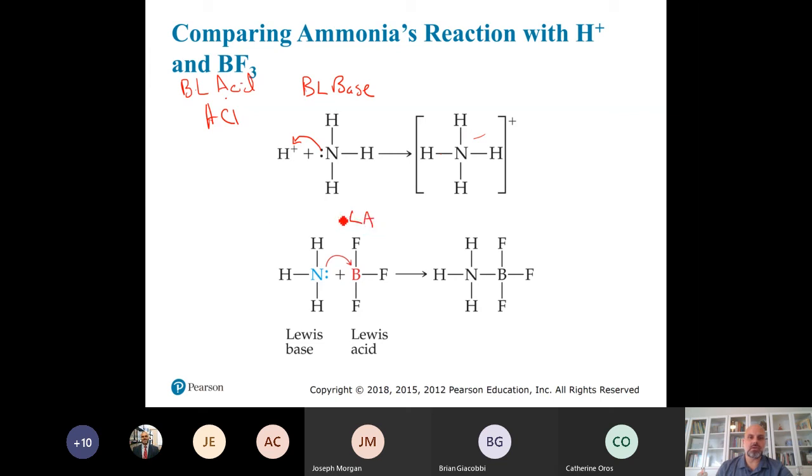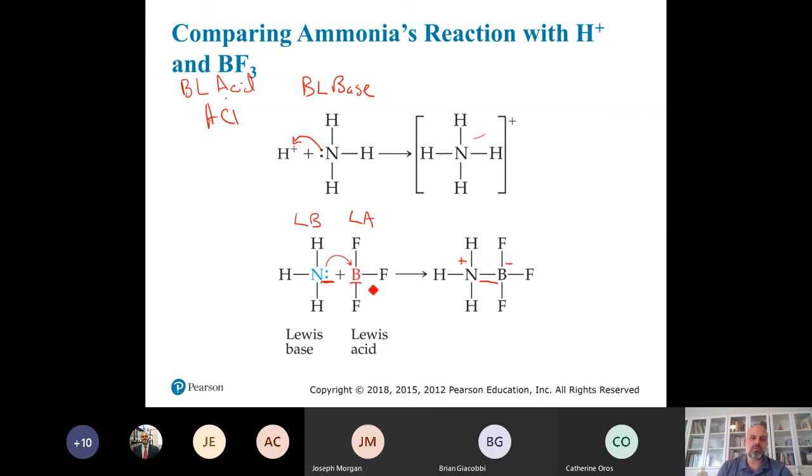So we have a Lewis acid and a Lewis base here, where the same lone pair attacks the boron, and the boron here is acting as the Lewis acid, and it forms this new nitrogen-boron bond. We technically should be drawing a positive charge here and a negative charge on the boron. When we're talking about Lewis acids and Lewis bases, anything that is able to donate lone pairs to form this new bond is going to be considered a Lewis base.